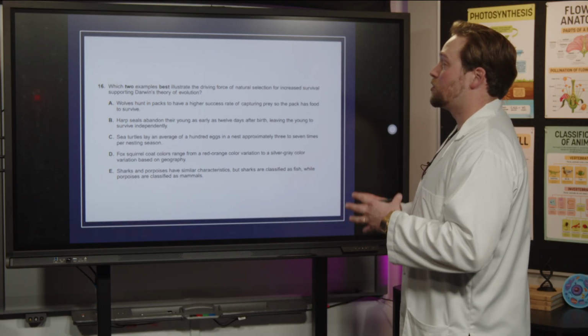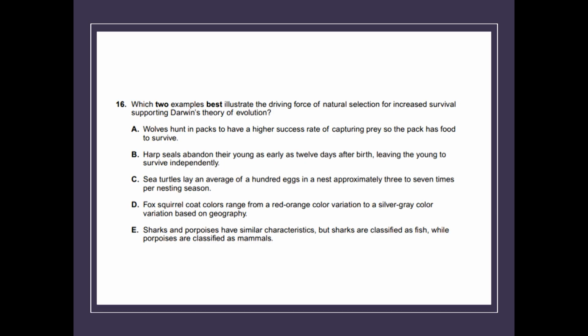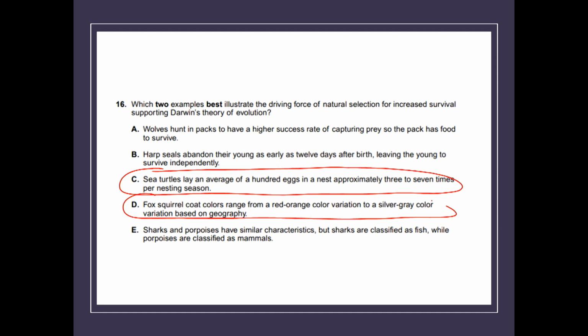This one says, which two examples best illustrate the driving forces of natural selection for increased survival supporting Darwin's theory of evolution? Okay, a lot of these kind of make sense, but to me, I think the two best answer choices here are C and D, and we'll talk about how these increase the survival odds for these different organisms.